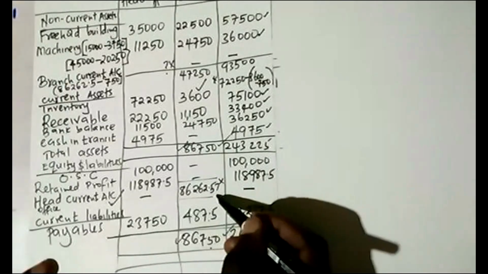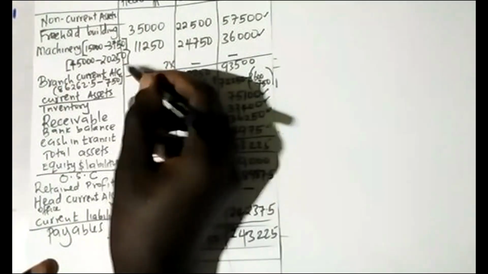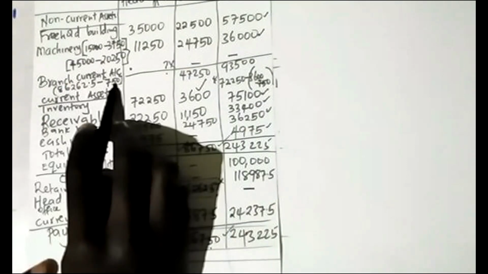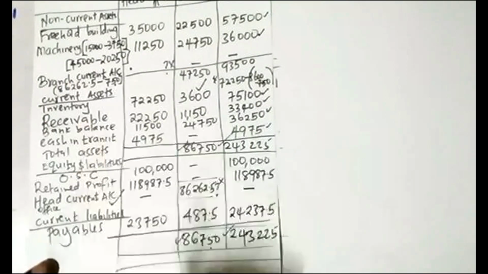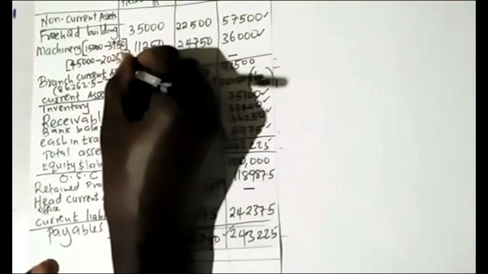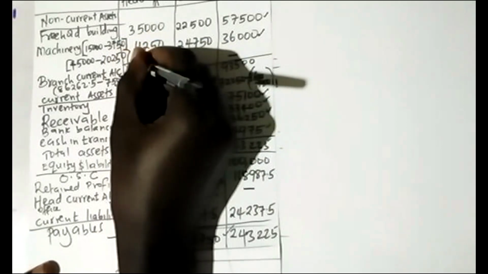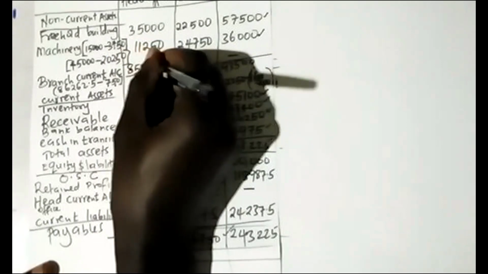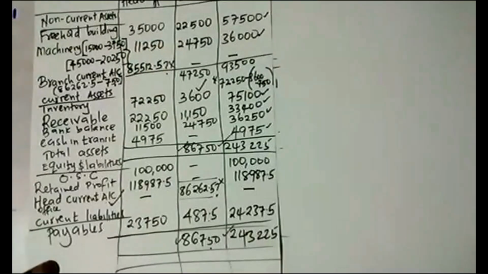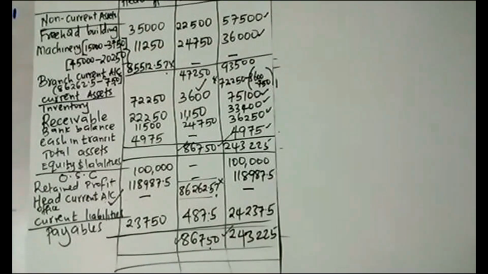Once you get this, you would be able to get this. The only thing you subtract from that amount is the unrealized profit. So I'm getting 85,512.5.